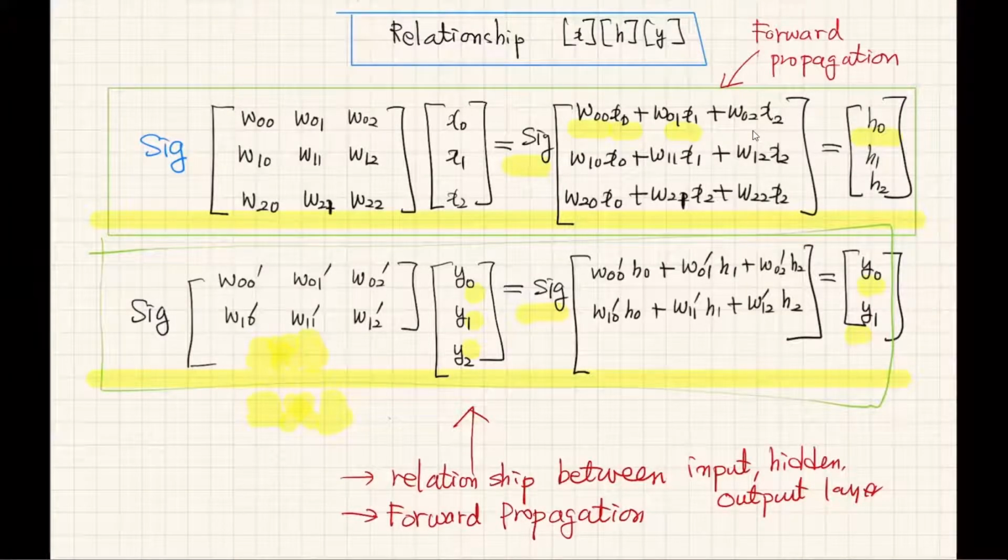If we have the W matrix and the W dash matrix, W is a 3 by 3 matrix, while W dash is a 3 by 2 matrix. By multiplying the input vector with the W matrix, that gives us this weighted sum. That becomes the input of the sigmoid function, and the output of this sigmoid function will be H0, H1, and H2.